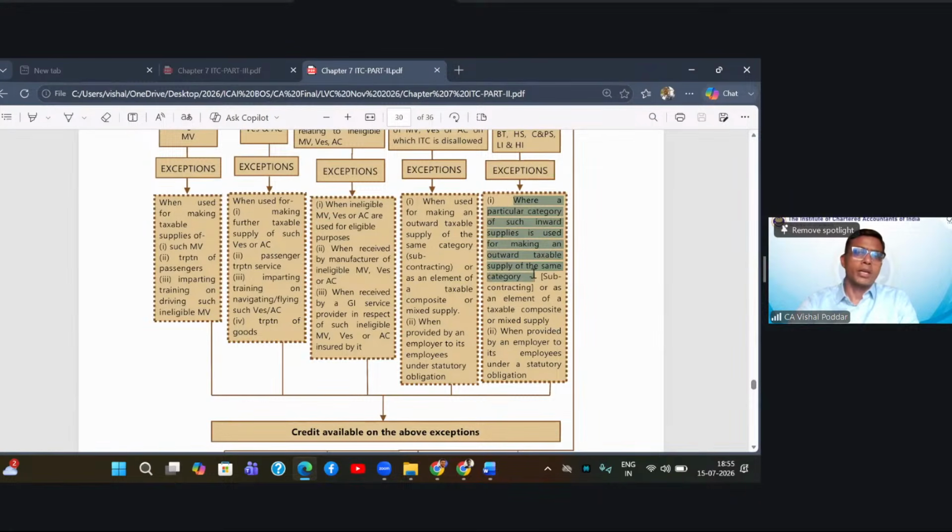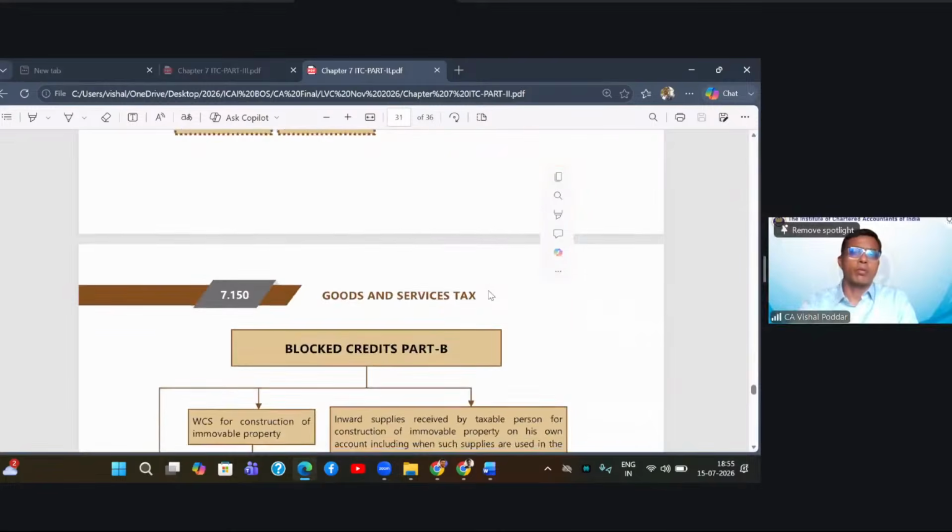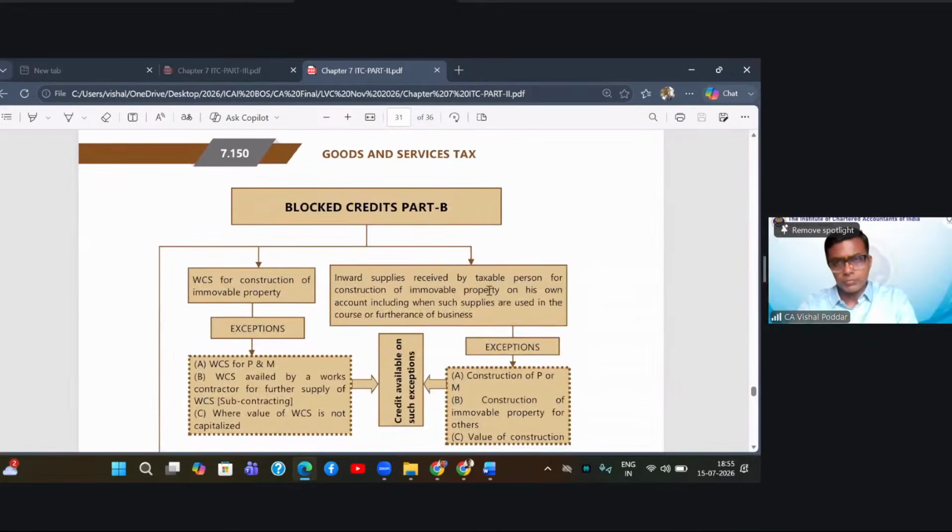So you are, let us say, running a restaurant. Whatever food, beverage you are purchasing or inward catering service you are taking, that becomes your input to provide the output of your business. Then the ITC of the food beverage will be allowed. But where food beverage is purchased by you for consumption either by your employees or by your directors and it is not a statutory obligation, then the credit of food beverage will not be allowed.